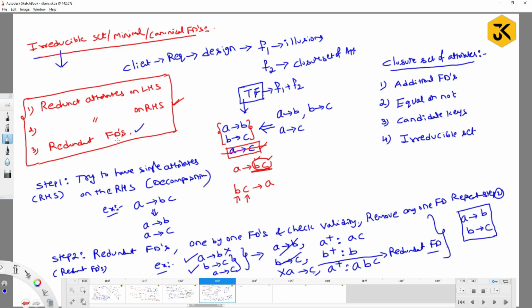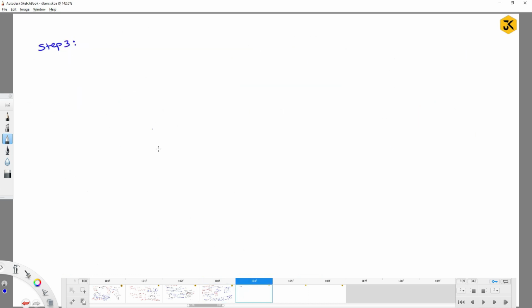So what is left? We have to concentrate on the LHS side also, right? So that is step 3. On the LHS side we have to focus on multiple left hand side attributes.